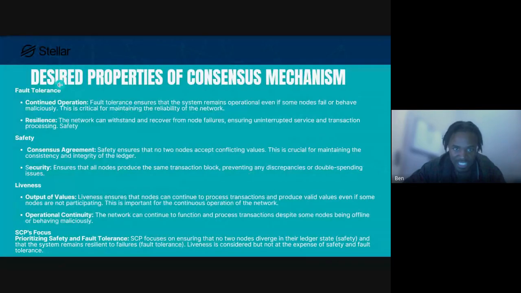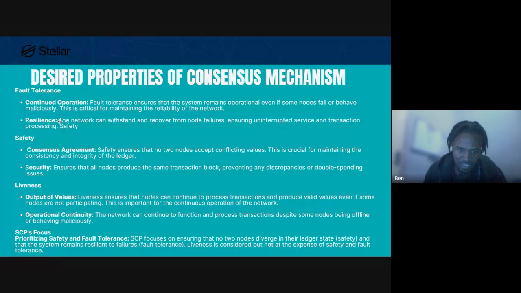Here are the desired properties of a consensus mechanism. One of the core properties is fault tolerance, because when you're running a system like that, you want the system to be running 24/7.